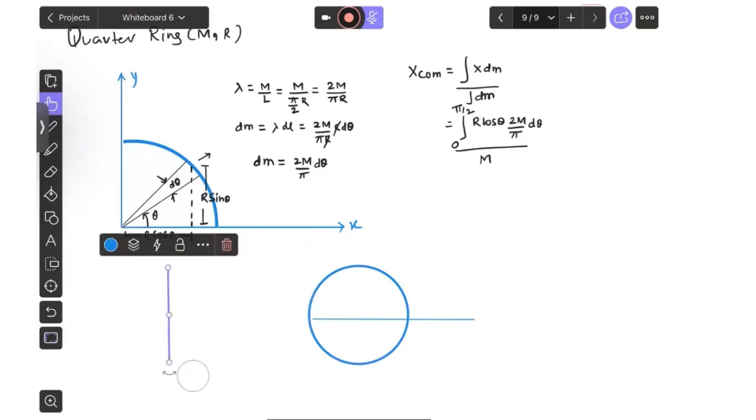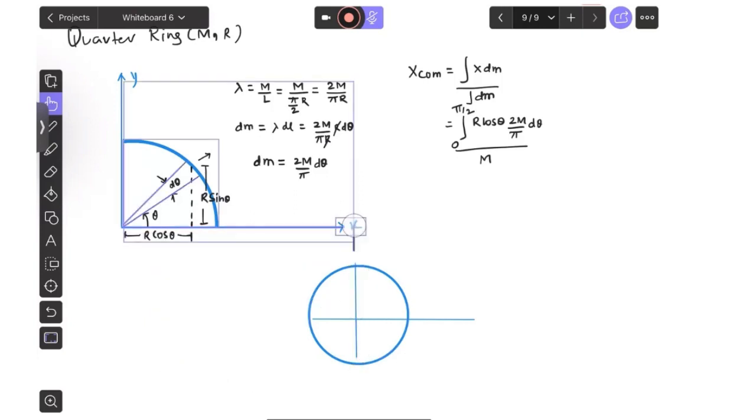How much is it coming? Same only, no? 2r by 3. Yeah.